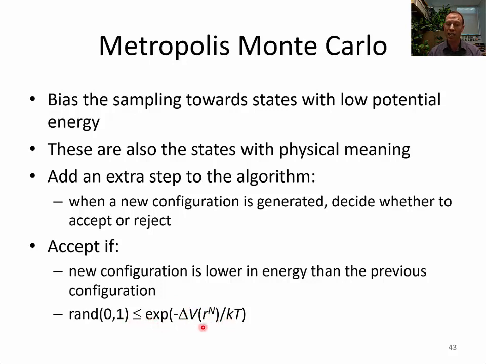And if this exponential Boltzmann factor is larger or equal to a random number chosen between 0 and 1, we'll accept it. But if it's smaller than this random number, then we don't accept it. We go back to the previous configuration and we try and generate another configuration, which we then may or may not accept. This modification makes the algorithm more efficient, makes it sample lower energy conformations, and it will converge more quickly.